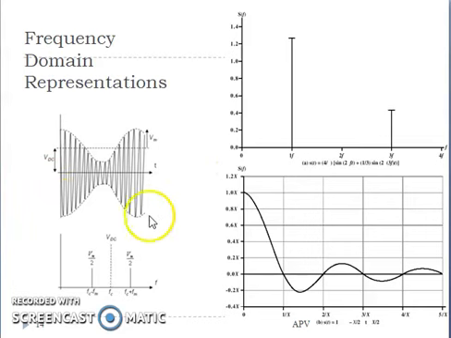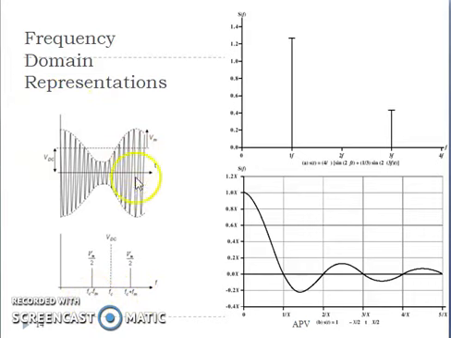As an example, this is an AM modulated wave. When we are plotting this time domain wave into the frequency domain, it will have three frequency components, namely FC, FC plus FM, and FC minus FM.